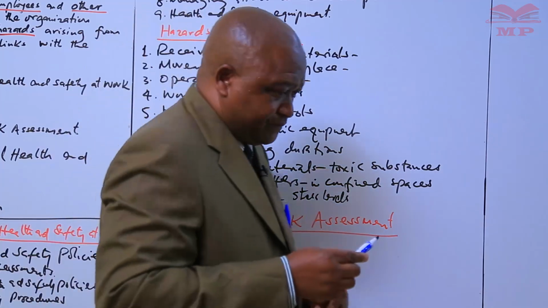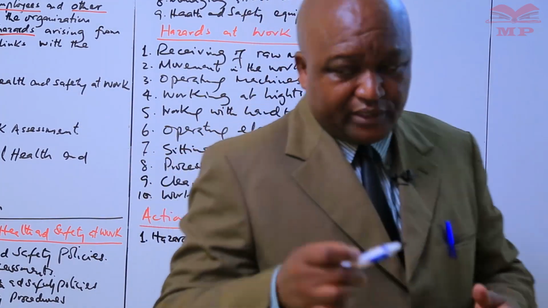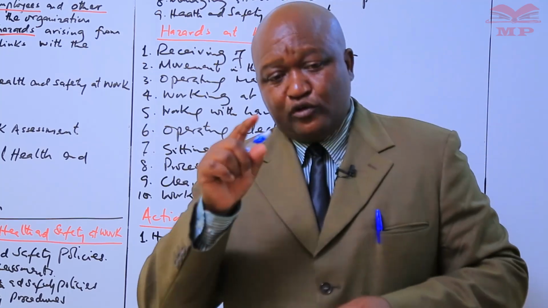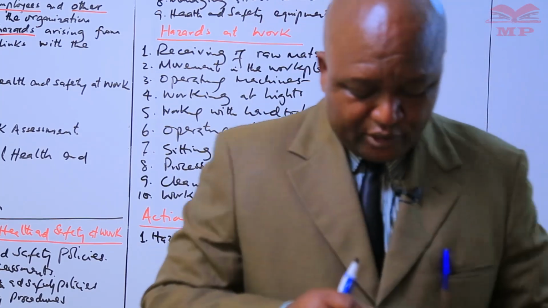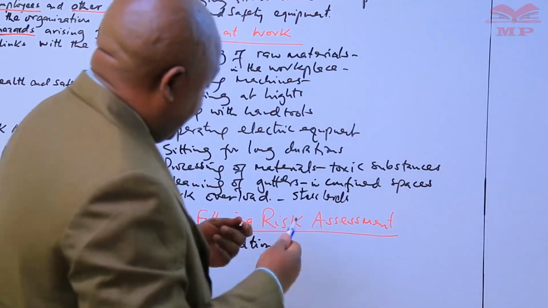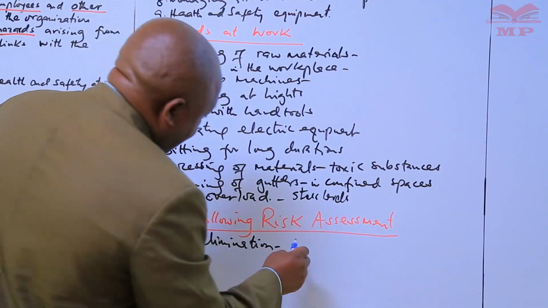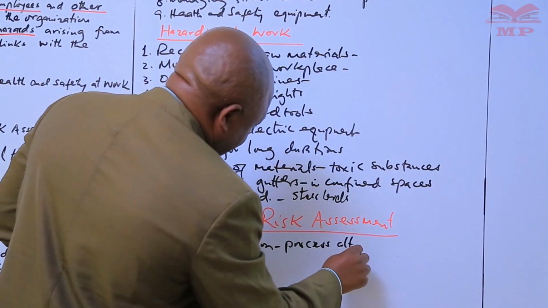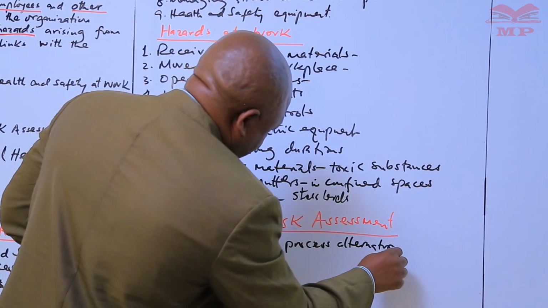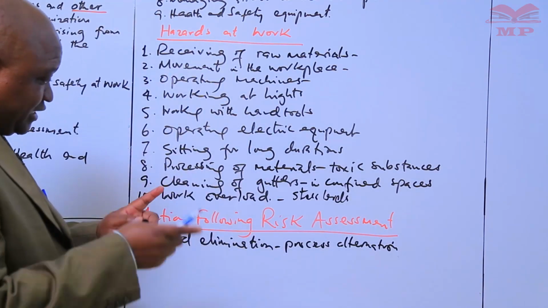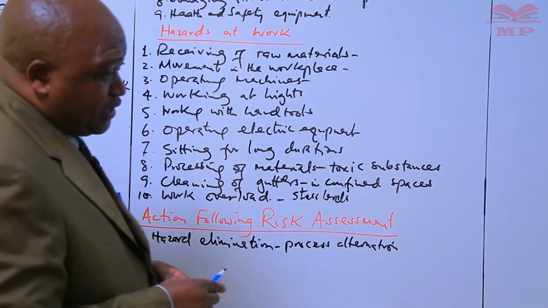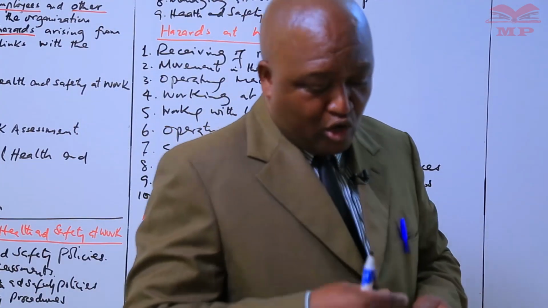Supposing you are working in an environment and you have gone to a section, and in that section you have noted there is some hazard. If it is a hazard in terms of the process, there could be what you call a process alteration. So if this process is altered, can it eliminate the risk workers or other people are exposed to?